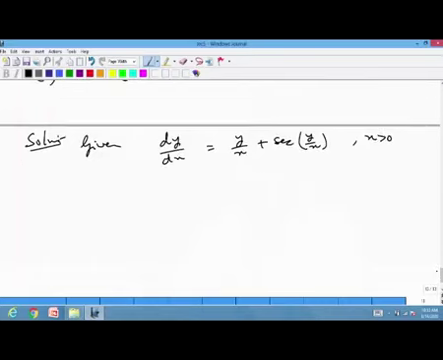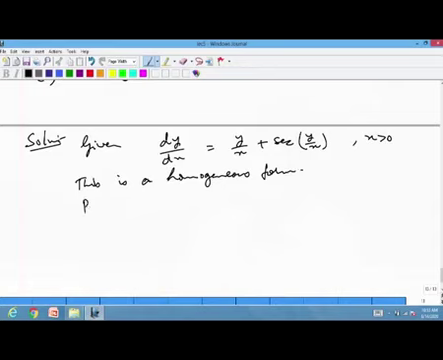So, we see here that dy dx is given as a function of y by x. So, this is a homogeneous form.